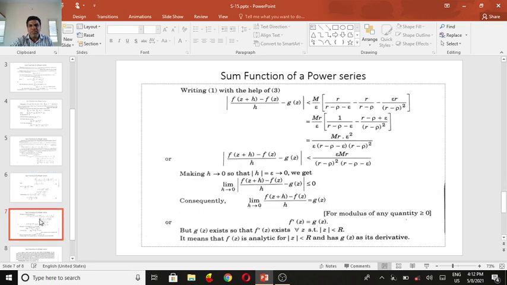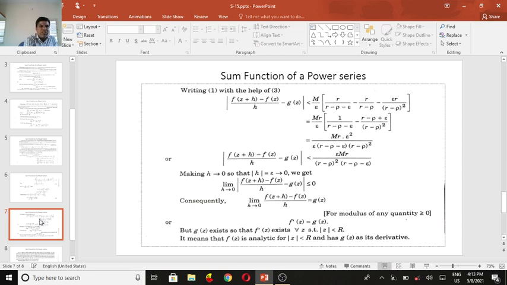So again we come to the equation 1 form, substituting. The absolute value of (f of z plus h minus f of z) divided by h minus g of z is less than M epsilon of r divided by (r minus rho minus epsilon) minus r divided by (r minus rho minus epsilon) whole square.